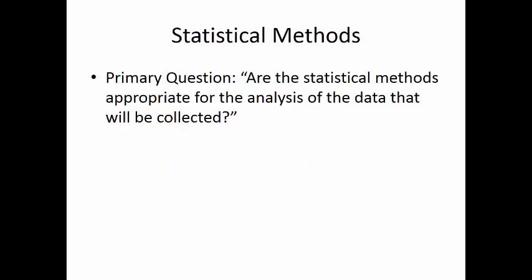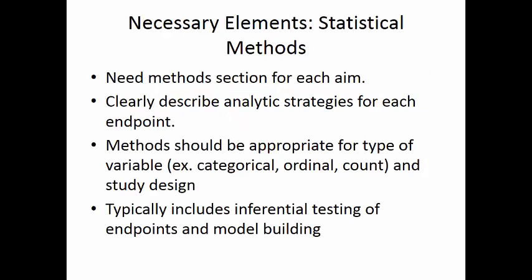Okay, for the statistical methods section, the question is going to be, are the statistical methods appropriate for the analysis of the data that will be collected? I generally advise people to write a separate section for each aim and have those statistical method sections incorporated within each aim, not to wait till the end to go through all the methods.